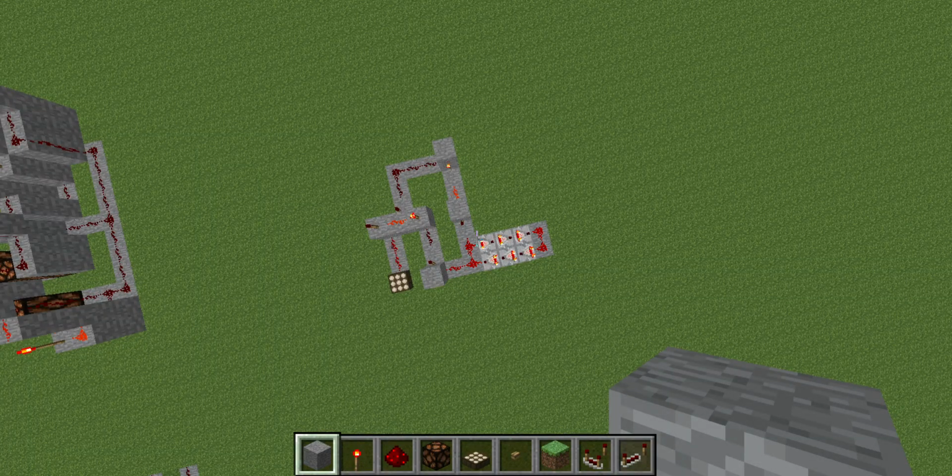Then it goes through the capacitor to the DC to DC converter. It basically smooths out the DC current. It goes through that, goes through the transistor, goes through that, it goes to the light bulb, okay?